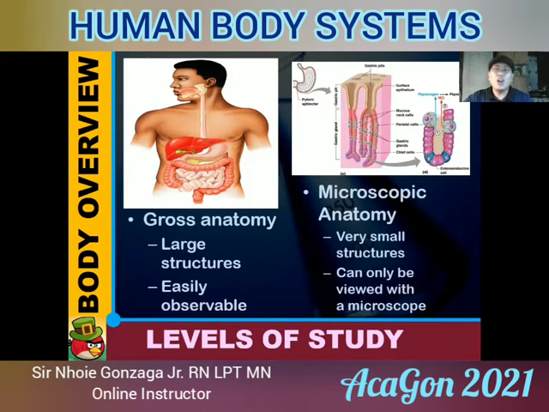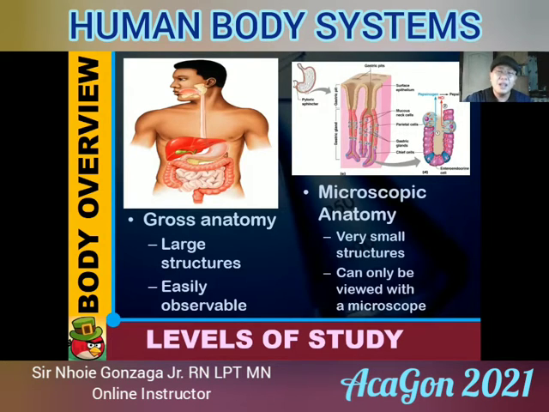So when you say gross anatomy, you are learning the large structures, the easily observable, and sometimes what the human eye can see directly can be called gross anatomy. So an example of this is studying the human arm. Okay, can you see the arms? Yes, you can. So that is gross anatomy. The human head. Can you see the head? Then it is gross anatomy because it's a large structure.